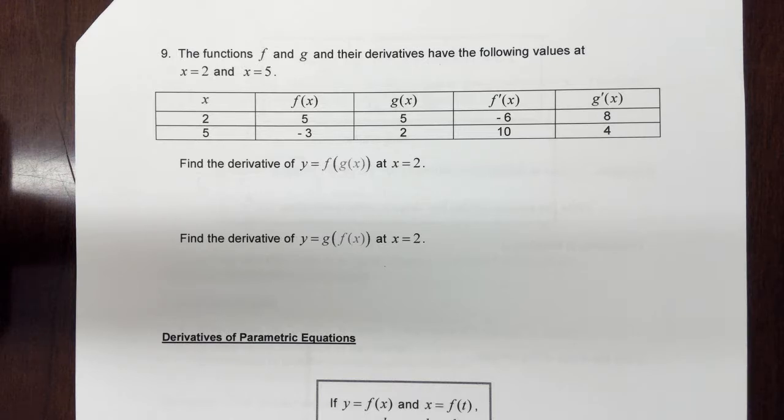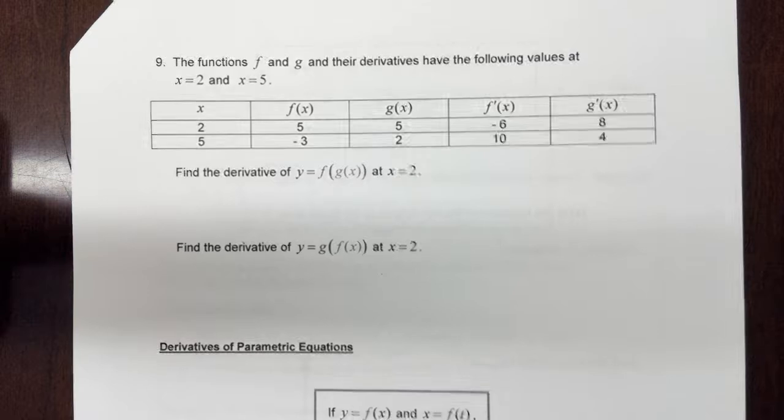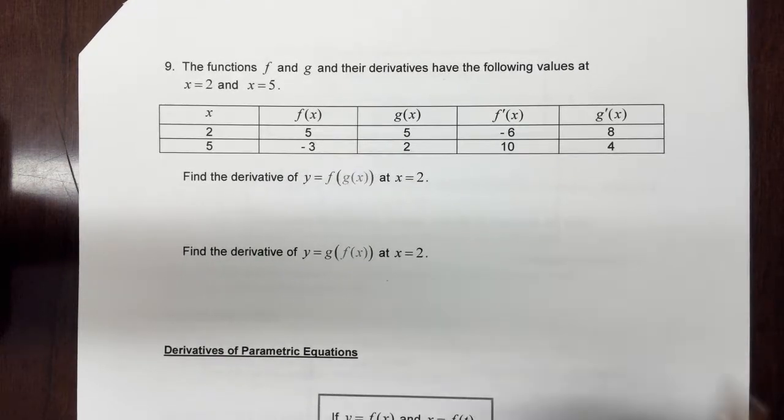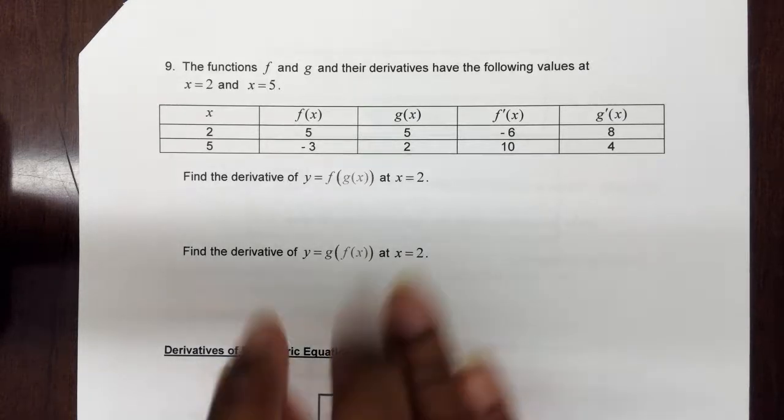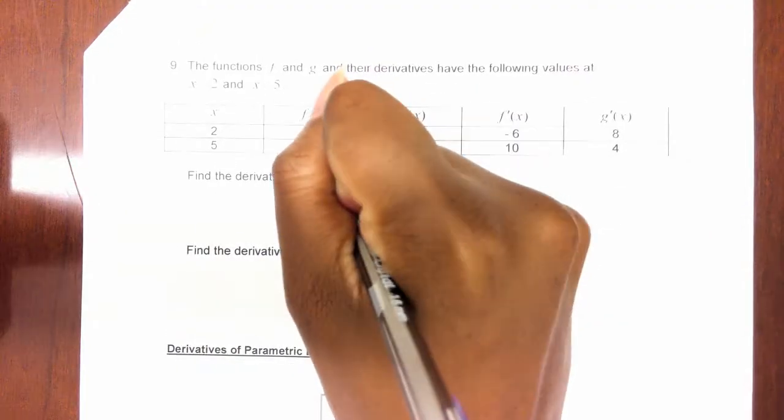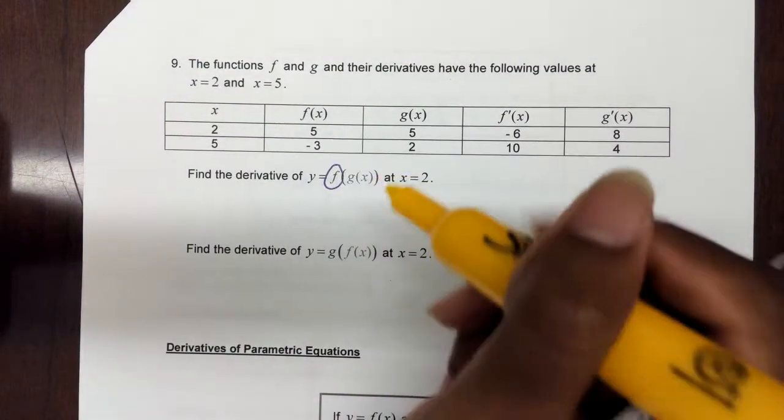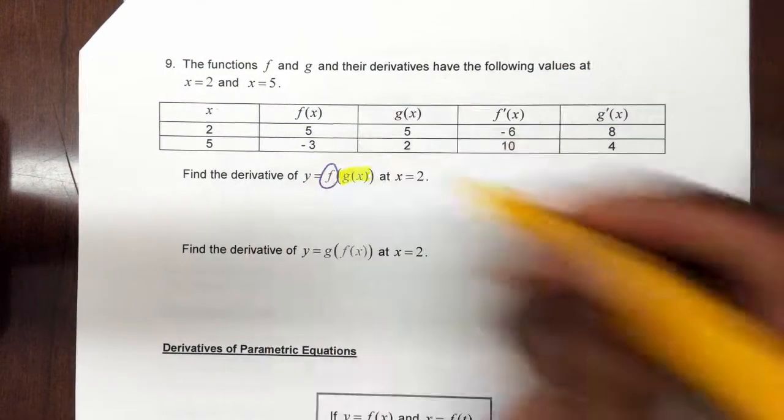So we want to find the derivative of f of g of x at x equals 2. So what we need is to figure out what's the mama and what's the baby. So we know that f is our outside, so f is the mama and g of x is the baby.